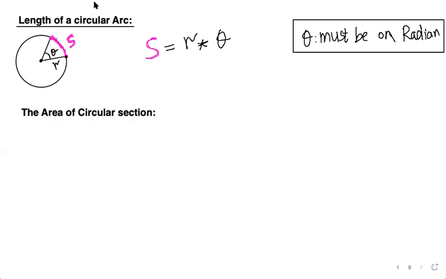Here is my circle, and this point is the center. It also has a radius, and this radius makes an angle theta. My goal is to find this area only.